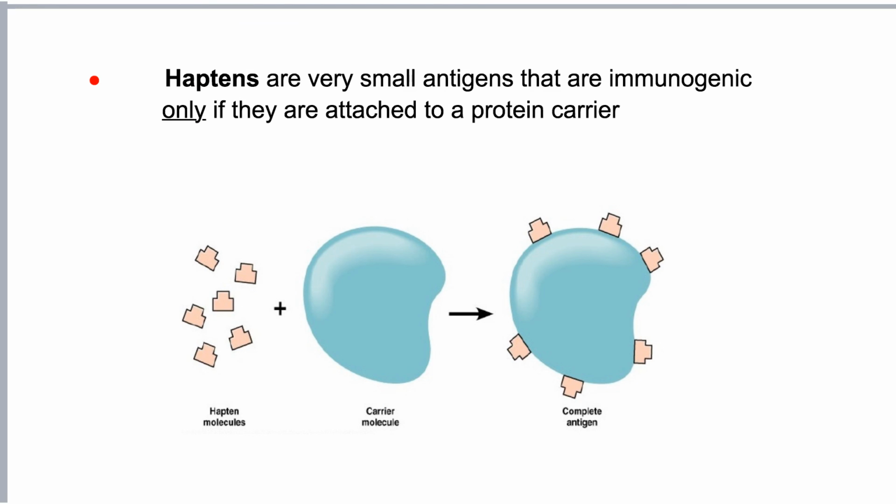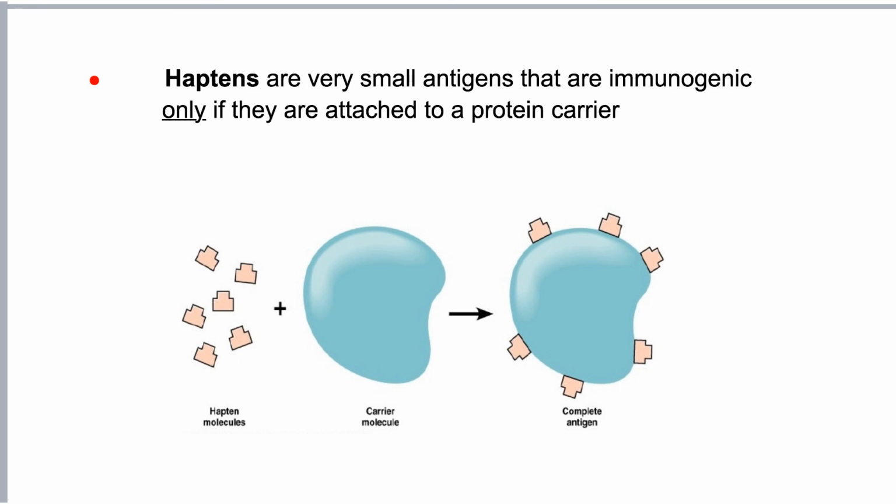One further category to present are very small antigens known as haptens. These molecules are not immunogens on their own. They will not elicit an immune response directly.